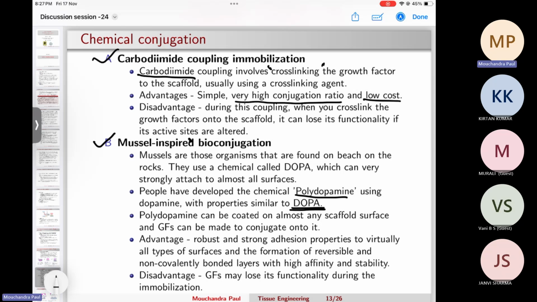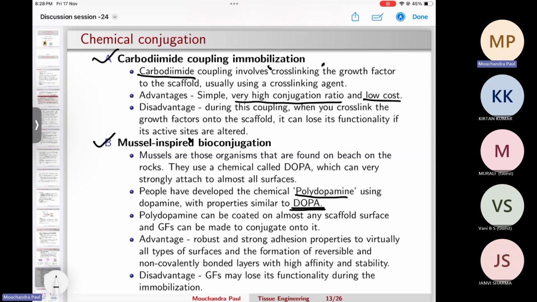This dopa chemical is synthesized by organisms, mussels, which are found on the beach. Through these dopa chemicals, mussels can very strongly adhere to surfaces. So people studied this chemical and developed a synthetic version of it called polydopamine, which has the same properties as the dopa released by the mussels.